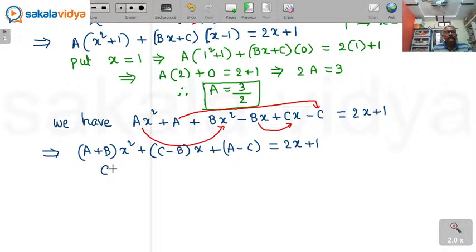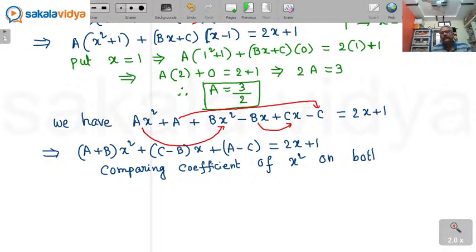So comparing the coefficient of x square on both sides. Let us see what we get.